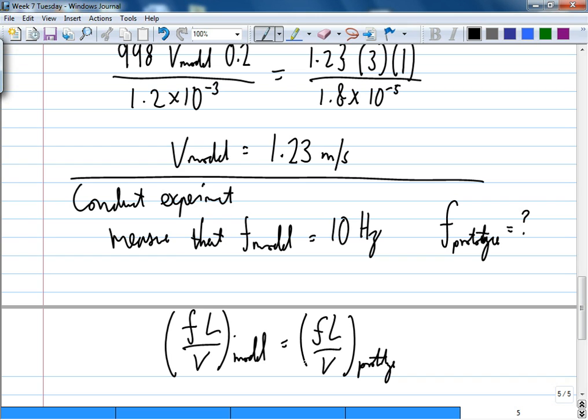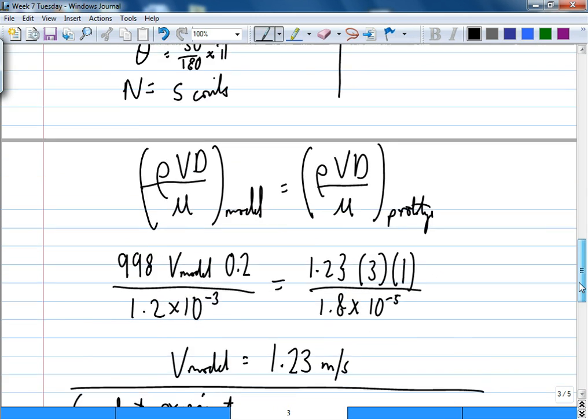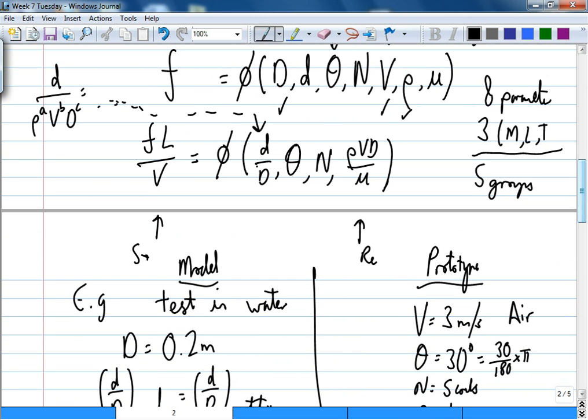Does that make sense? So I match everything on the input side. Measure F in the model and then predict F on the full scale. If all these are the same, this should be the same between the model and the prototype.